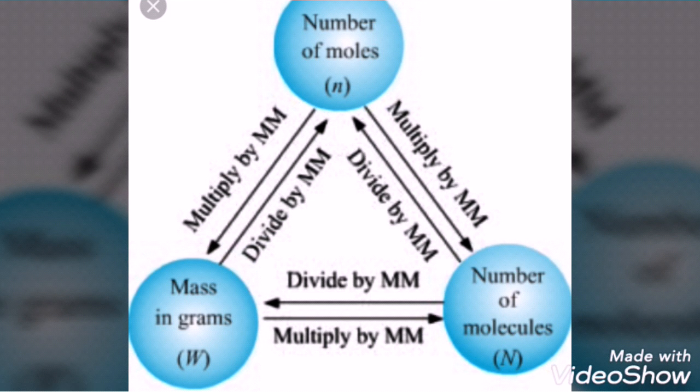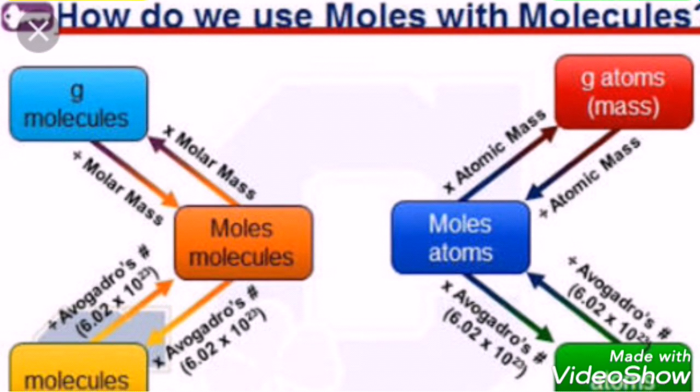Similarly, if mass in grams and number of molecules are given in the numerical, then you can divide or multiply, vice versa. And if number of moles and molecules are given in the numerical, then you can do that. Similarly, this pattern I have also sent. This is for both cases, when a molecule question is given and when an atom numerical is given.